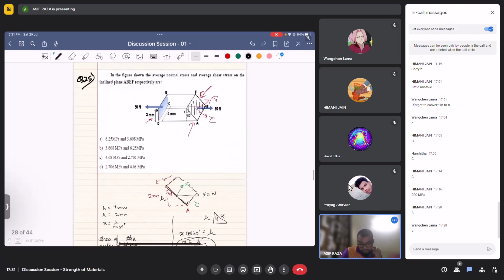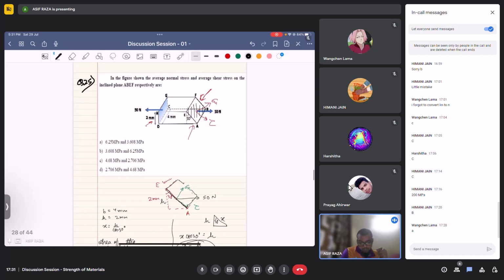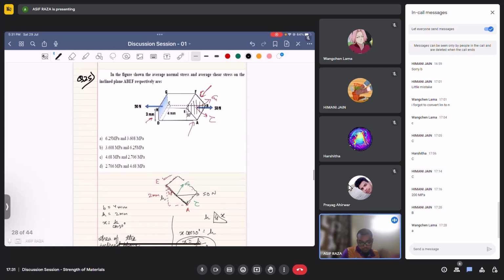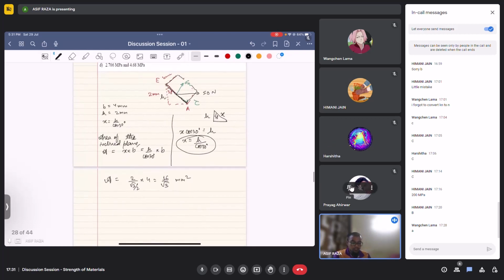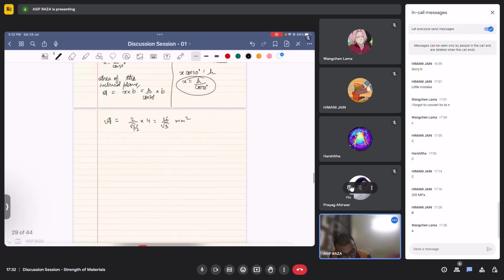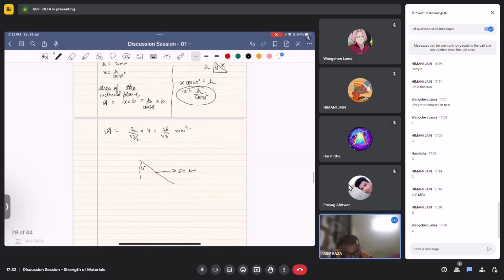Now we have to find the normal stress and average shear stress acting on this plane. To find the normal stress, we need to find the normal force acting on this plane. So on this plane, 50 kilonewton, this is 30-degree inclination, right? 50 kilonewton is acting horizontally, but we need to find the forces normal to it and along the plane.